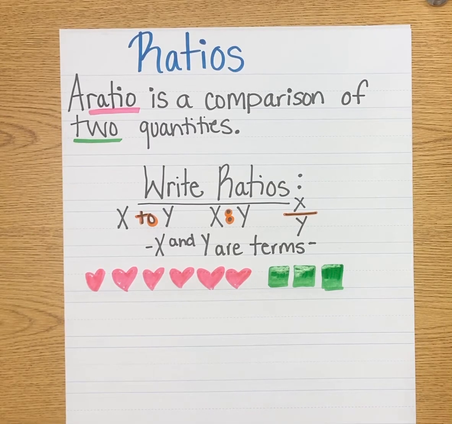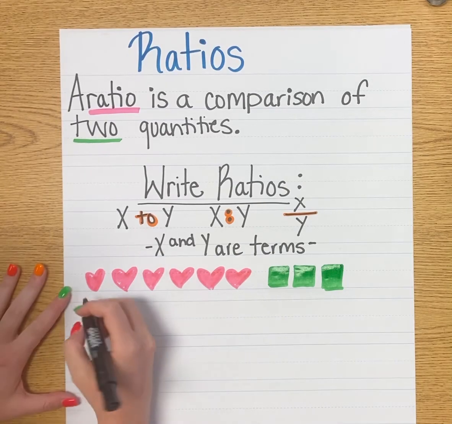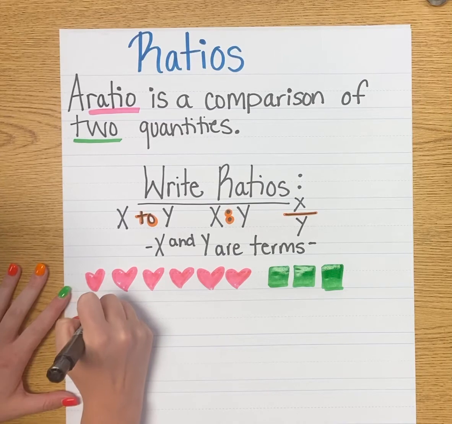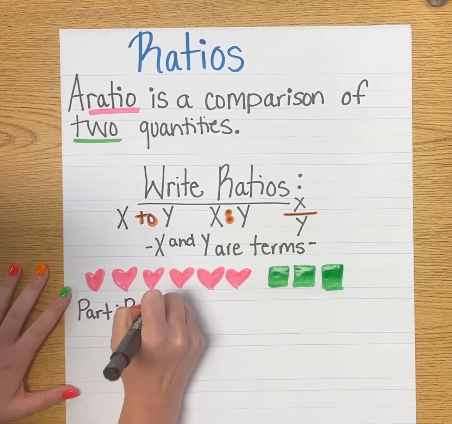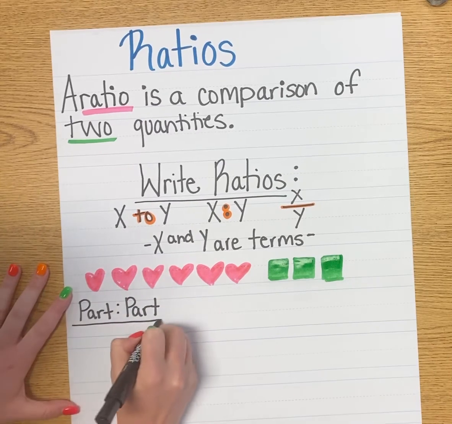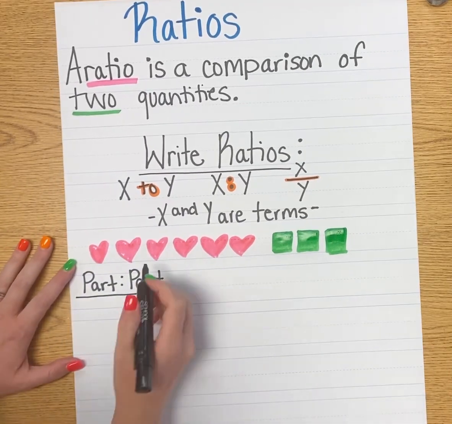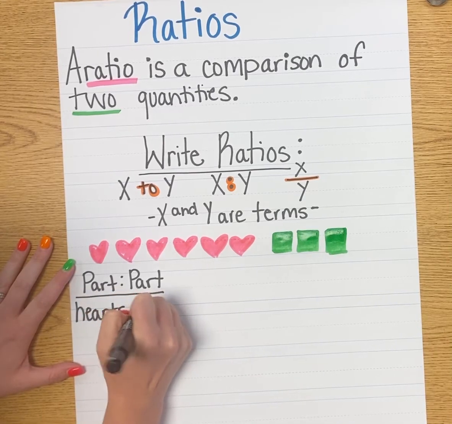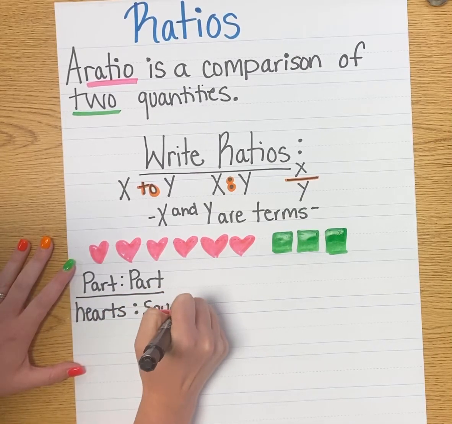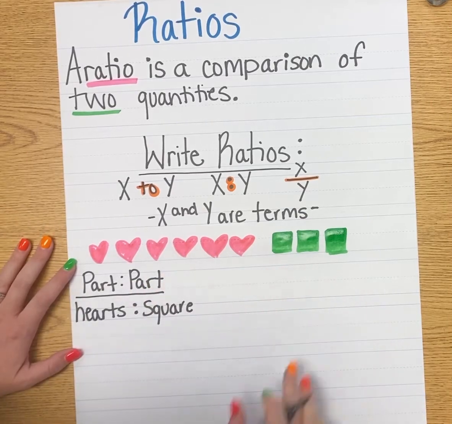So I am going to write this. I'm going to show my 3 examples from above. So we have part to part, which would be my hearts to my squares, because one part, another part.